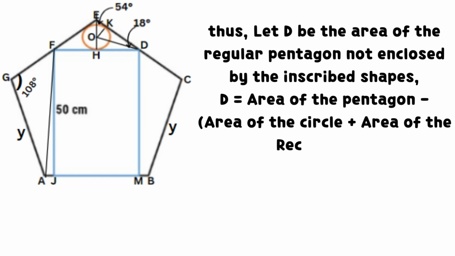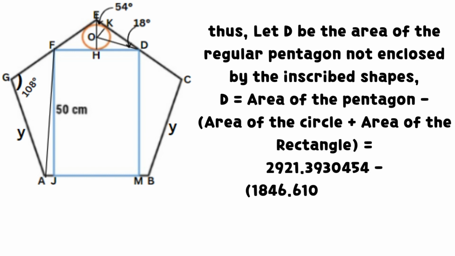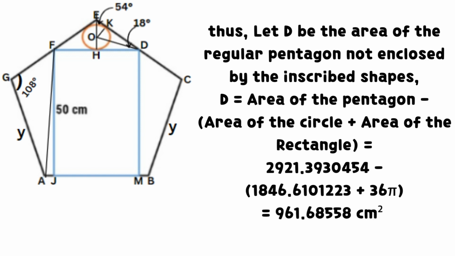Thus, let D be the area of the regular pentagon not enclosed by the inscribed shapes. D equals the area of the pentagon minus the sum of the areas of the circle and the rectangle, which after substituting values, simplifies to 961.68558 centimeter square.